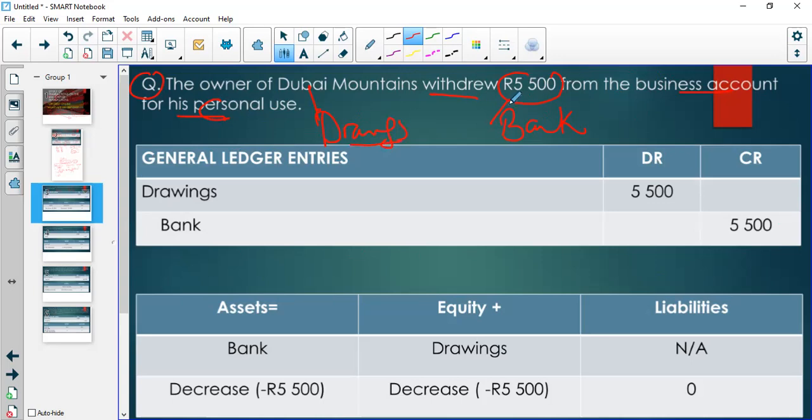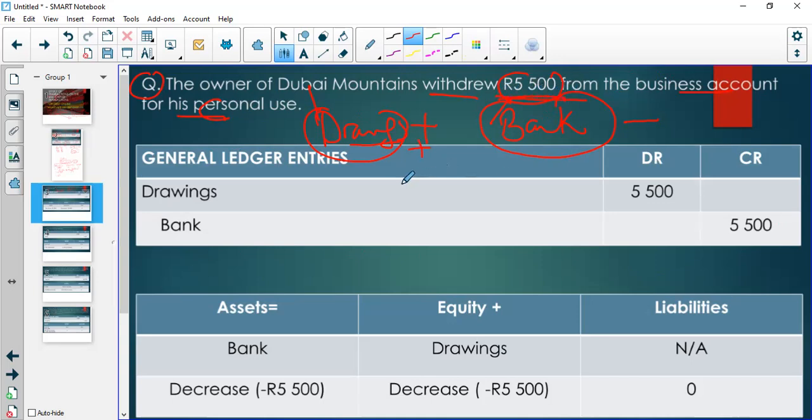Now, in the bank, the money has been reduced, so the balance has been reduced by 5,500. And what the owner is taking from the company keeps growing, so the drawings have also increased. If he comes again, they increase. He comes again, they increase. So the drawings have increased by 5,500.